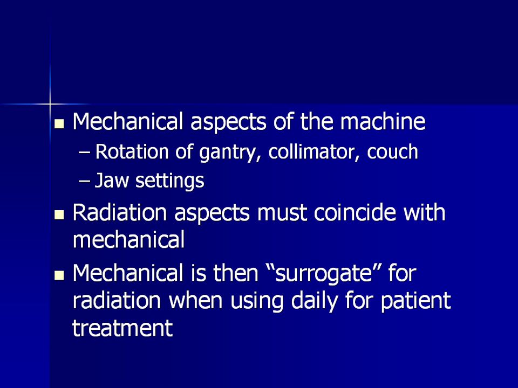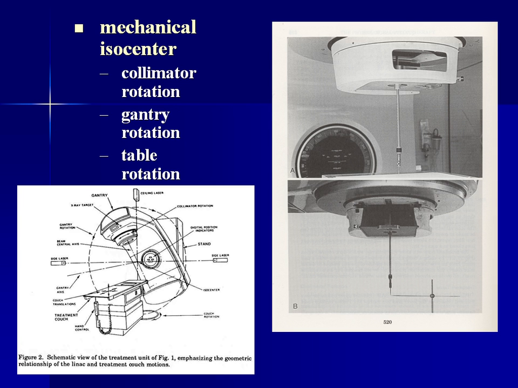So we can't see where the radiation is unless we take some films. So we want to make sure those two are lined up, basically. And I think these are probably pictures from Con. But these machines, everything rotates around one point in space, called the isocenter.